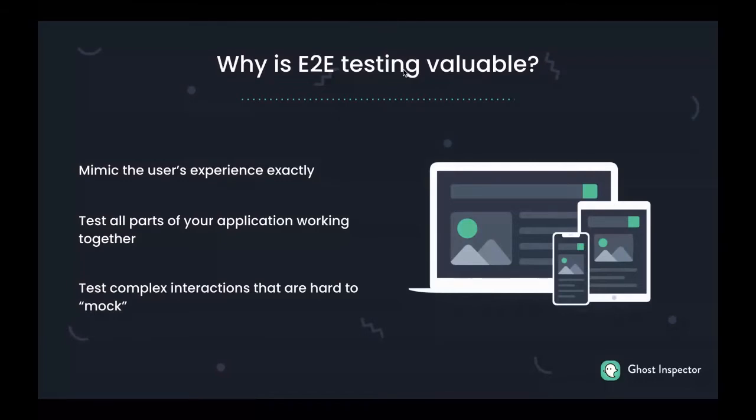You're not just testing a front end JavaScript framework or some code on the back end. You're making sure that it all plays nicely together and you get the end result that you're expecting. And lastly, you have the ability to test the really complex interactions that are hard to mock up. If you think about something like logging into your application or checking out, and actually putting a testing credit card into Stripe and placing an order, those are really complex interactions.